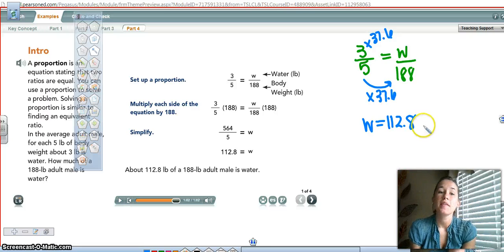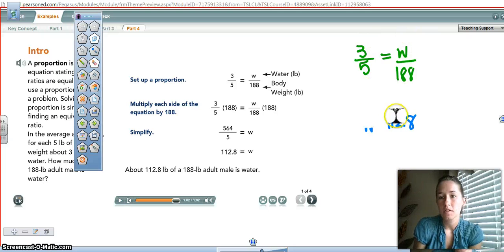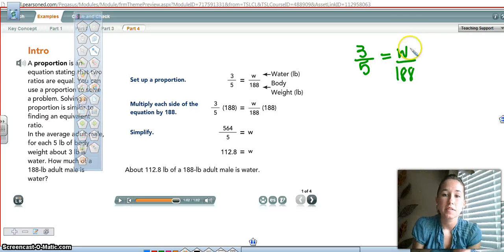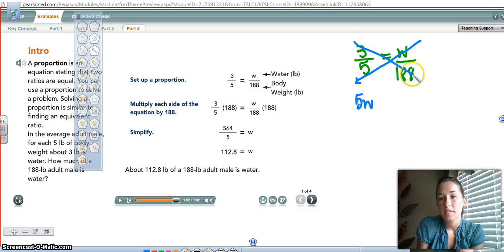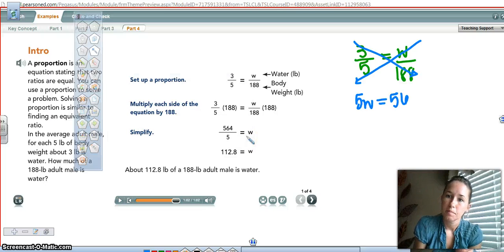But there's another way that I think most students are most familiar with. If you have a proportion like this, you can use a method called cross multiplication. This is something that students usually are pretty familiar with already. So this is something that I like to continue using. We would multiply diagonally. 5 times W is 5W. 3 times 188, which we can do by hand or we can use our calculator, is 564.